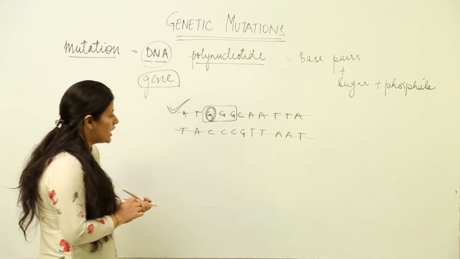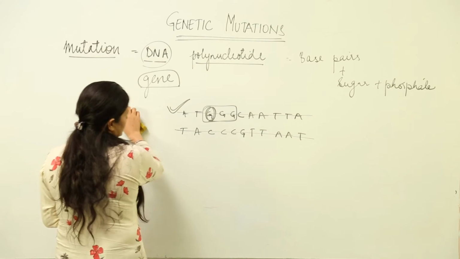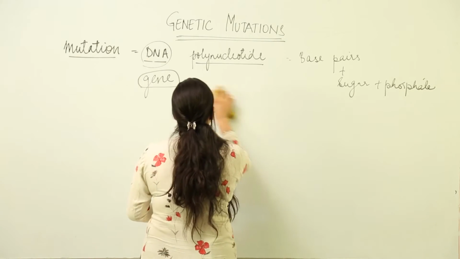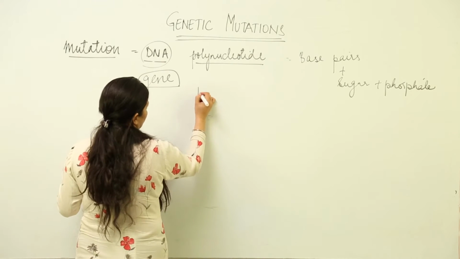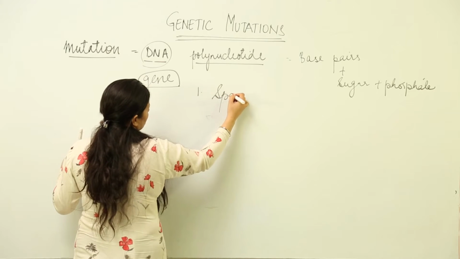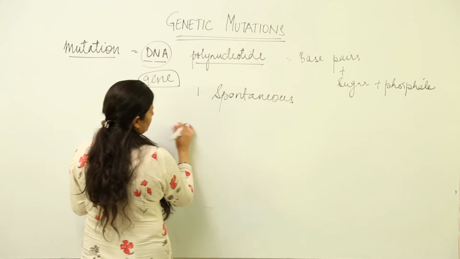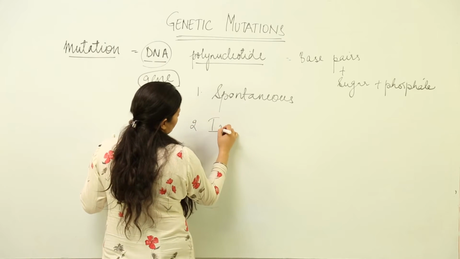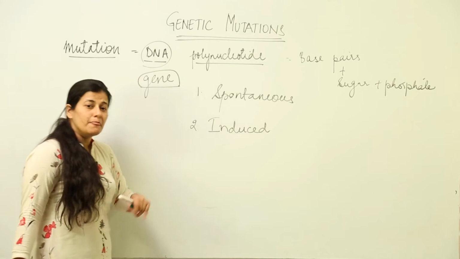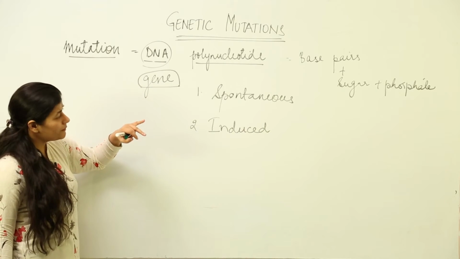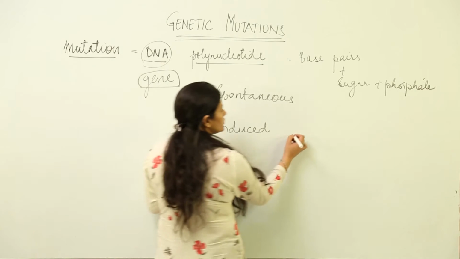Now, the mutations are of two types. One is spontaneous and other is induced. As the name suggests, one would be occurring naturally at the biomolecular level, and one would be that type of mutation which would be brought about deliberately by subjecting the genetic material or the cell to some sort of mutagen.